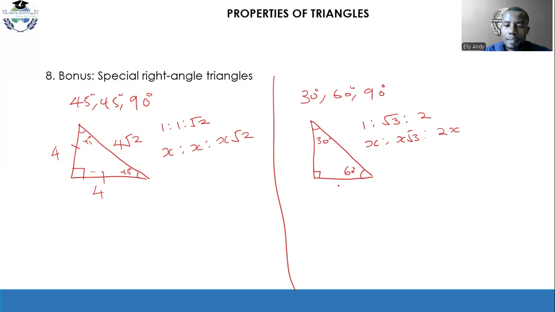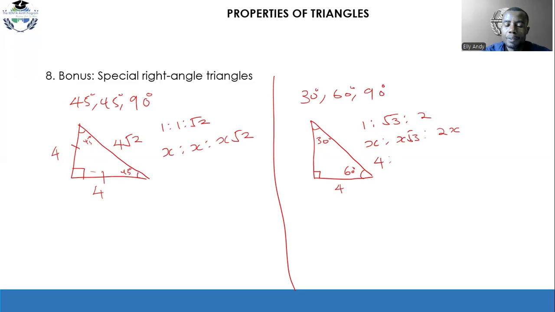So for this one, let's say if this side is 4, just as an example, what do you think the other two sides will be? Take a moment to guess, or rather to calculate, right? So going by our previous property that the side opposite the smallest angle is also the shortest, then it makes sense that our x, which is the smallest in this ratio, will be 4.